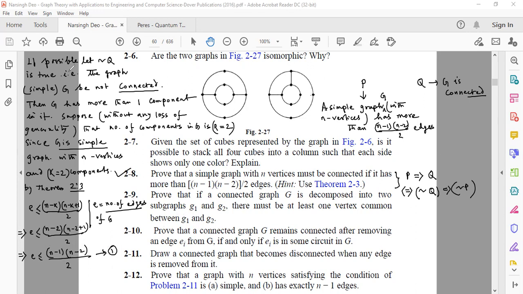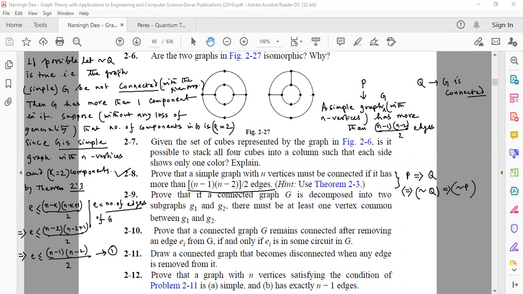What is capital G? We considered here that our capital G is not connected, with the given property. What is the given property? The given property is that it has more than (n minus 1)(n minus 2)/2 edges.